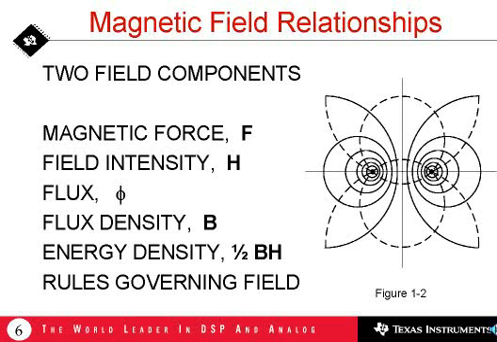From a circuit point of view, we think of this pair of wires as having a certain inductance, which represents its ability to store energy. The energy is actually stored in the magnetic field. The energy density at any point within the field is calculated as the product of the flux density times the field intensity, 1/2 BH.